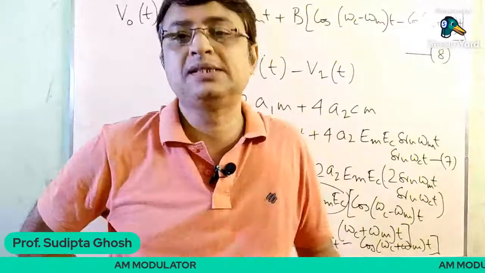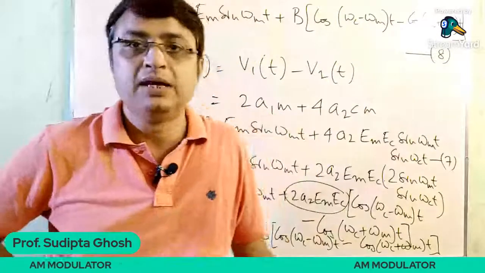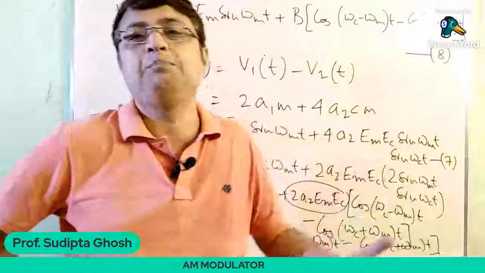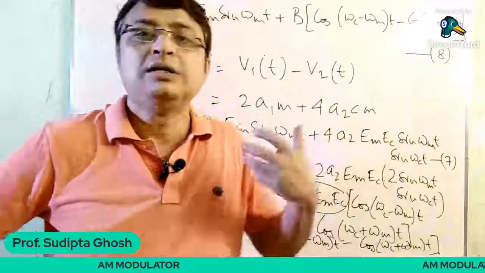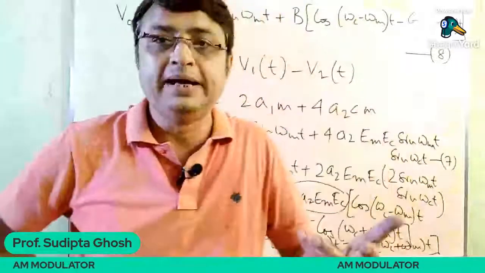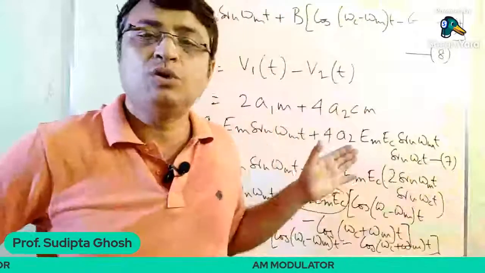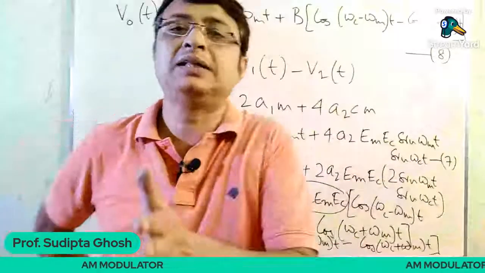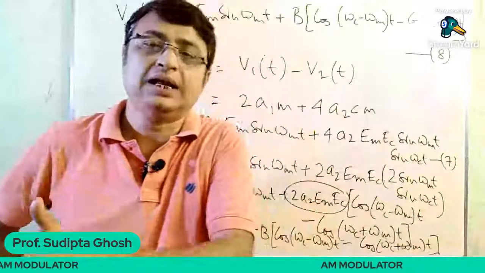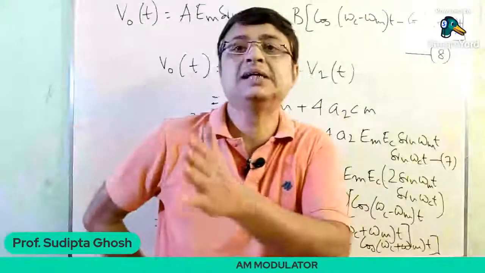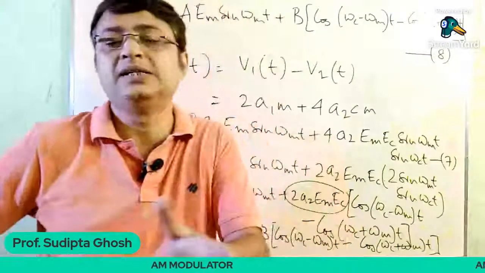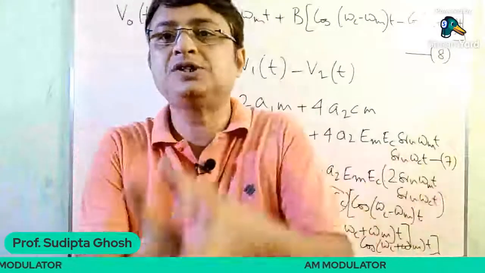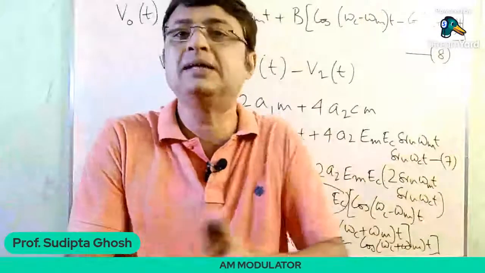So the next topic will be to demodulate this amplitude modulated wave. The demodulator will be inside the receiver. We have completed the transmitter part, and what is left is the receiver system, in which the wave after transmission is received by the receiver.